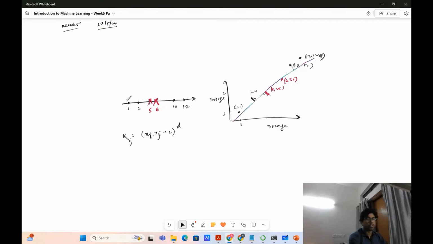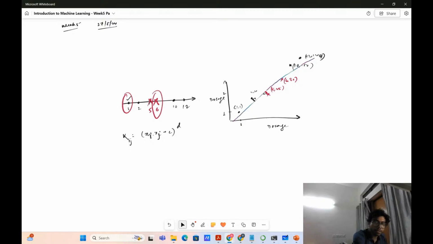Let me come back a little. What is K_ij? What is this kernel, physically? What does it mean? Let's say you take this example as your ith example, the first one, and this example as your jth example.